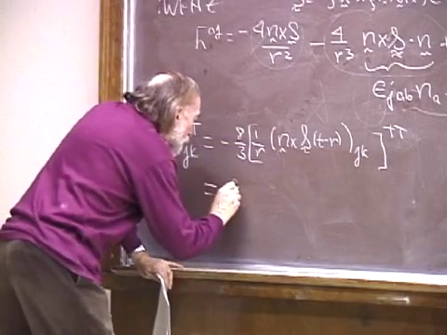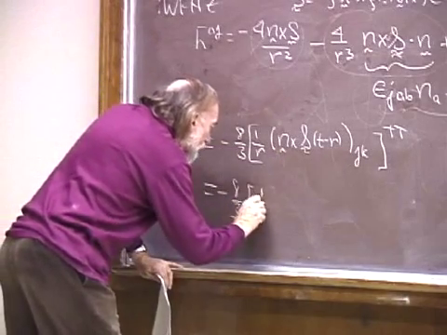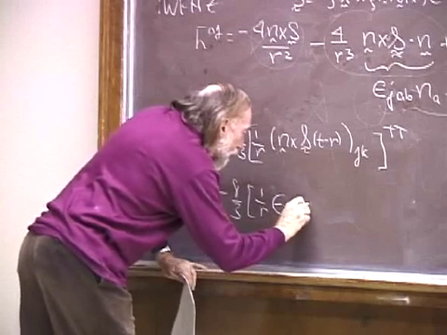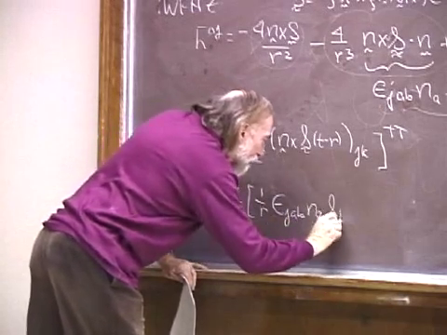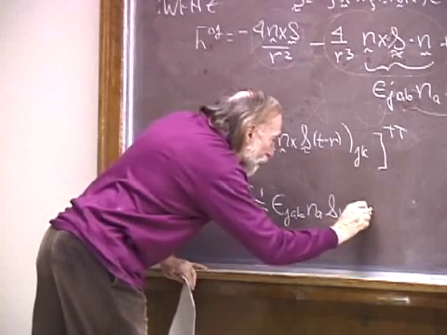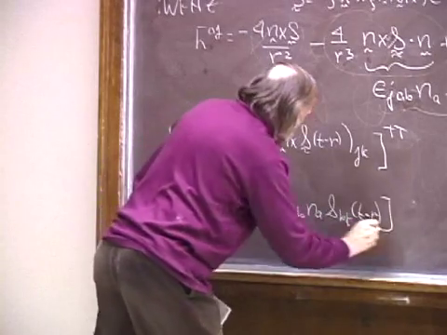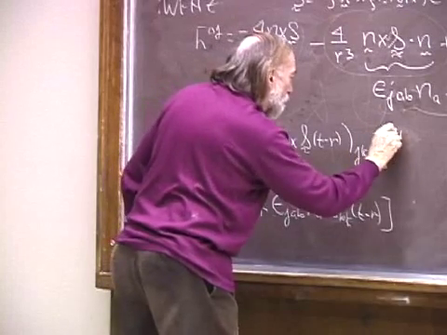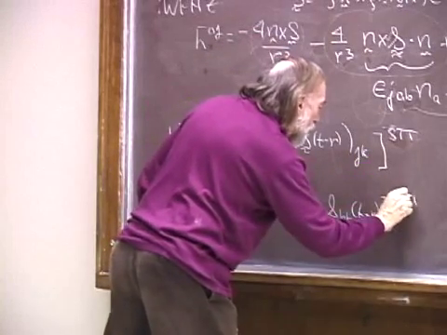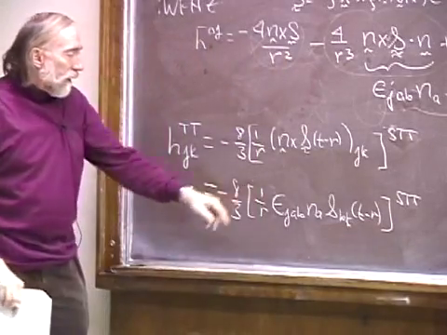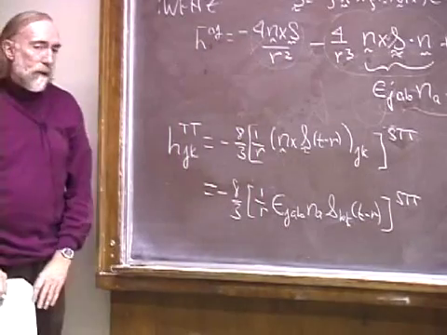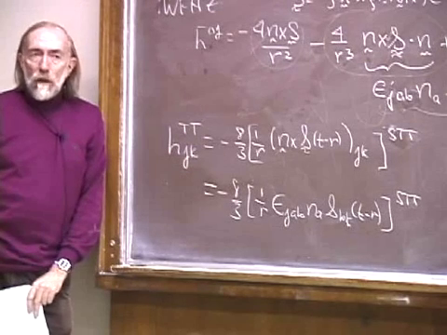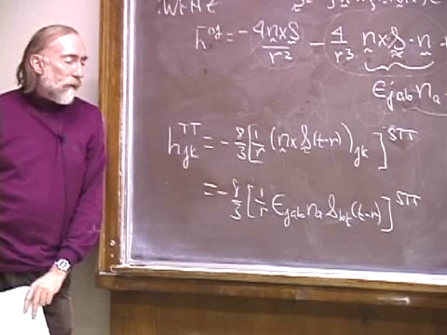Or in terms of the Levi-Civita tensor, there's 1 over r epsilon j a b n a s b k of t minus r, symmetric transverse traceless. Symmetrize on j and k and take the transverse traceless part. And the same pattern works for all the other moments. So I've just told you what you get.